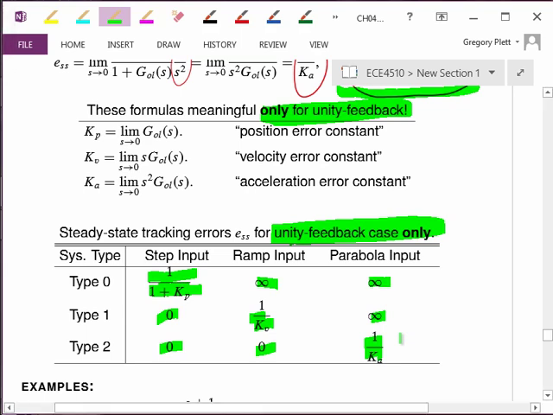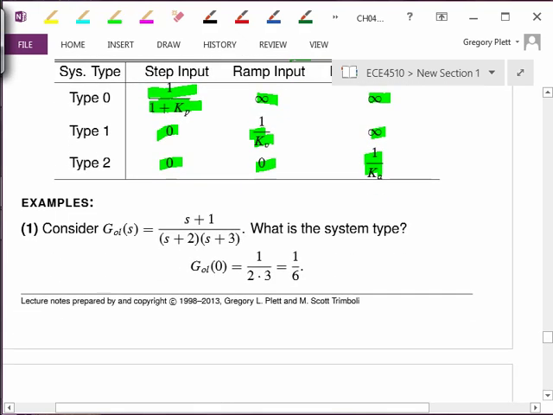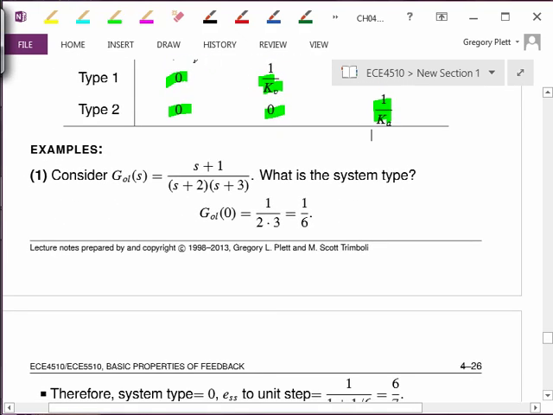Let's do some examples. Let's look at open loop G of s equal to s plus 1 over s plus 2, s plus 3. What's the system type? Well, first thing is plug in 0 for s. And when I do that, my numerator is 1, my denominator is 2 times 3.